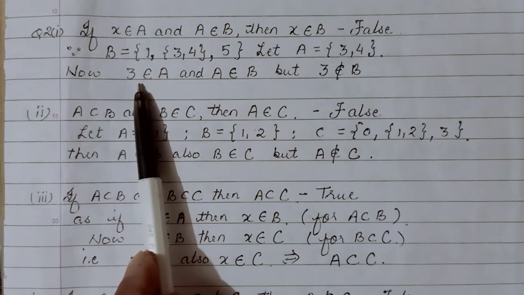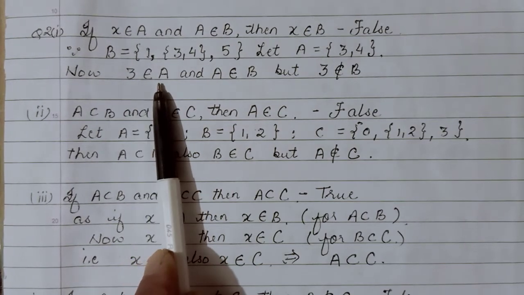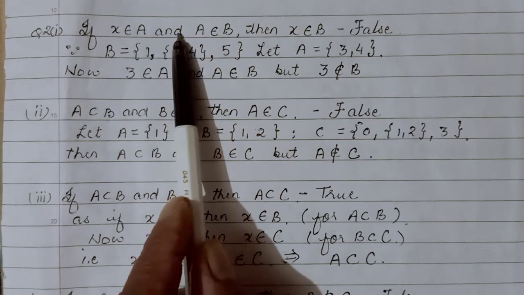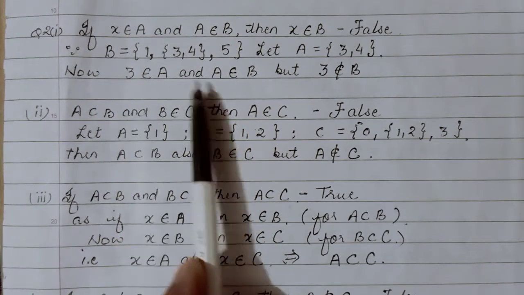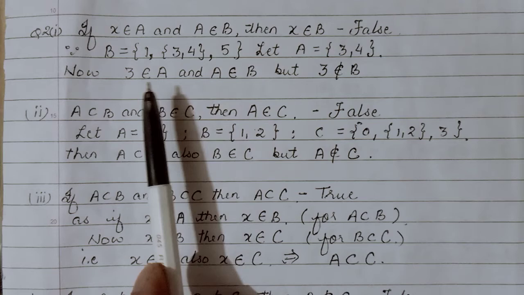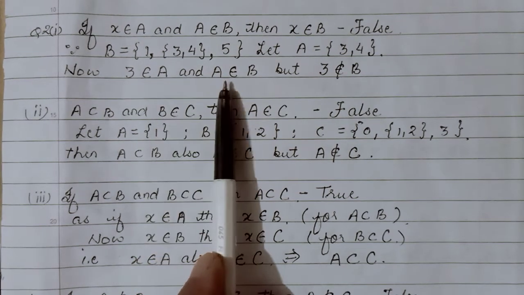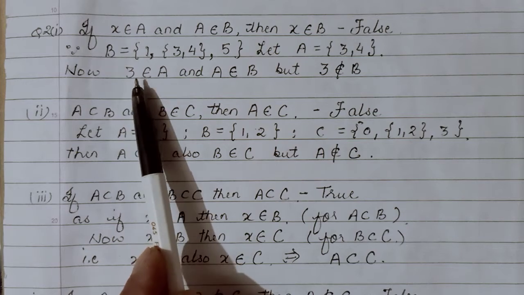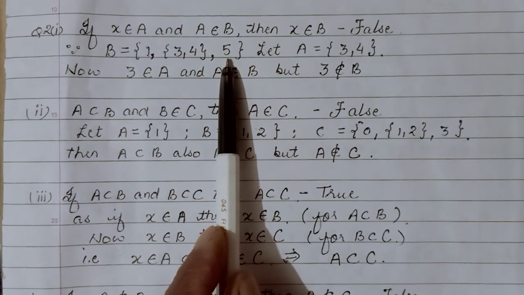So I've picked up 3 here. 3 is an element of A, and the whole set A clearly is an element of another set B. So both the conditions are true here. 3 is an element of A and A is an element of this set B, clearly seen. And 3 is not seen in set B at all.